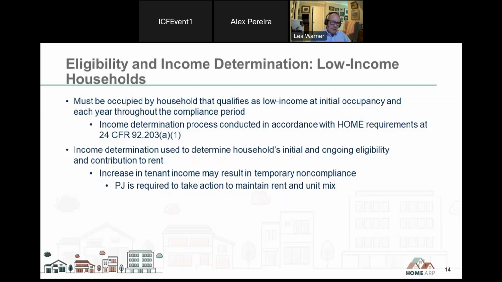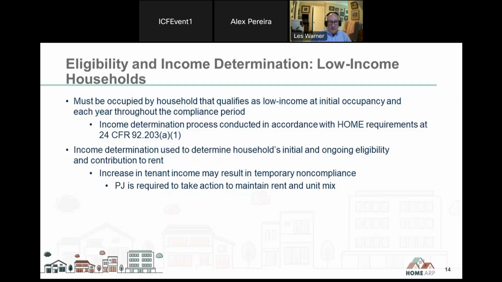So temporarily, we're going to have one of our low-income designated units occupied by a household that actually isn't low income. Their income has risen since their original eligibility was determined and they were allowed to move into that unit. So the PJ needs to be, as they are re-verifying income on an annual basis and tracking rents, taking appropriate action.